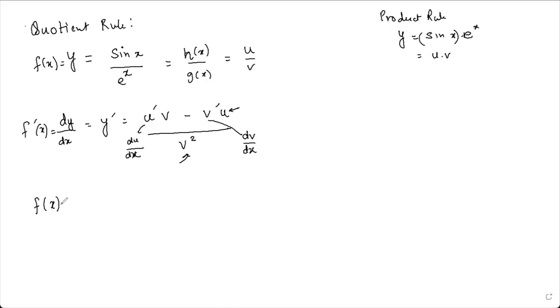Say f(x) is sine x over e to the power x. So this is my function u, and e power x is my function v. If u is sine x, then what is u prime? u prime is cos x.